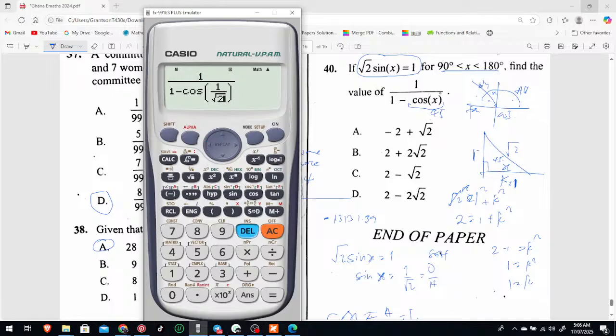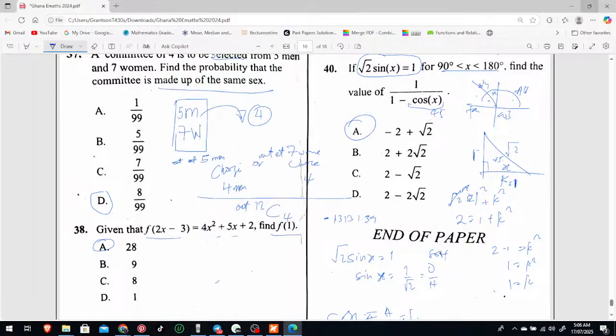And that's the mistake we made. Yes, 2 plus root 2. But it should be negative because cos is positive only in the fourth quadrant. So negative 2 plus root 2, that's A.